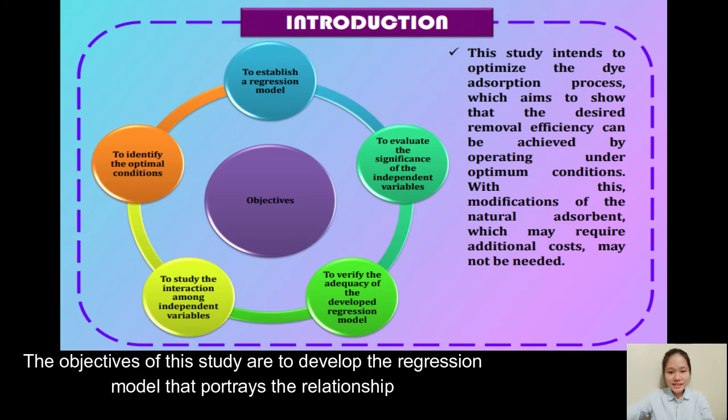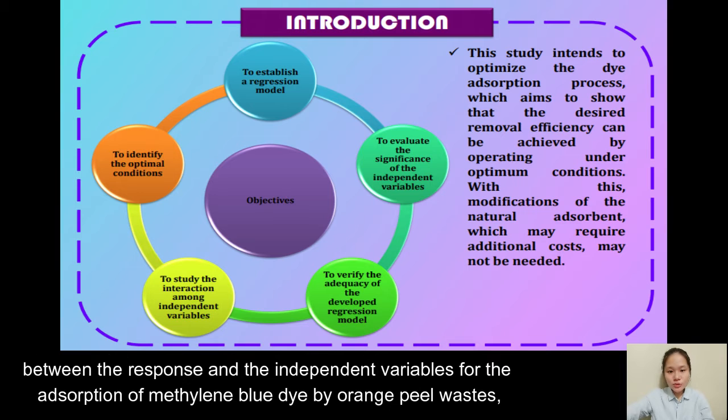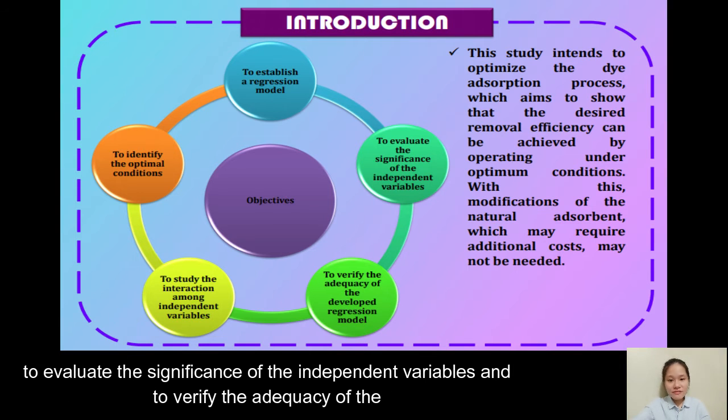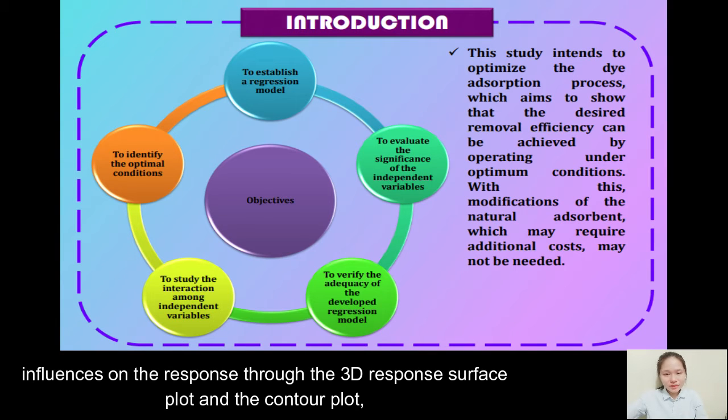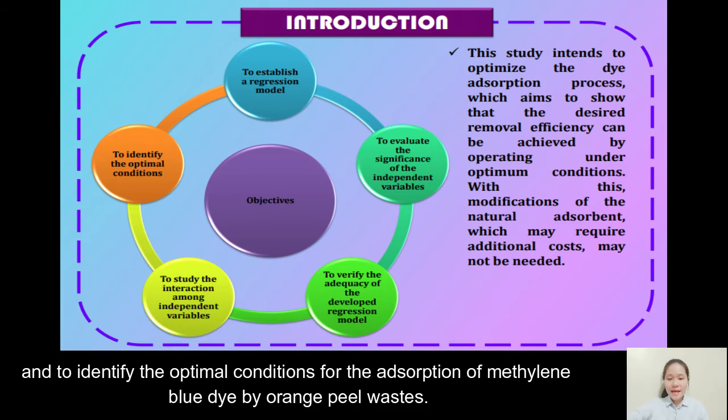The objectives of this study are to develop the regression model that portrays the relationship between the response and the independent variables for the absorption of methylene blue dye by orange pale waste; to evaluate the significance of the independent variables and to verify the adequacy of the developed regression model; to study the interaction between the independent variables and their influences on the response through the three-dimensional response surface plot and the contour plot, and to identify the optimal condition for the absorption of methylene blue dye by orange pale waste.